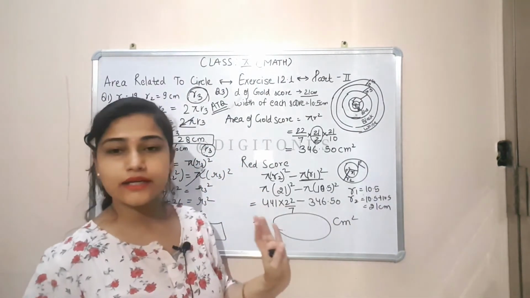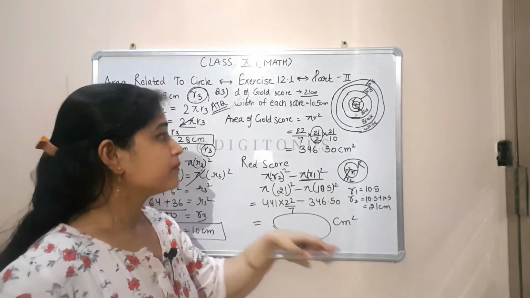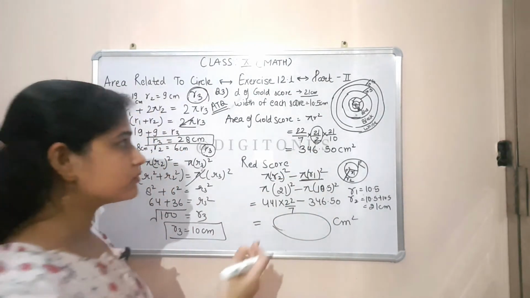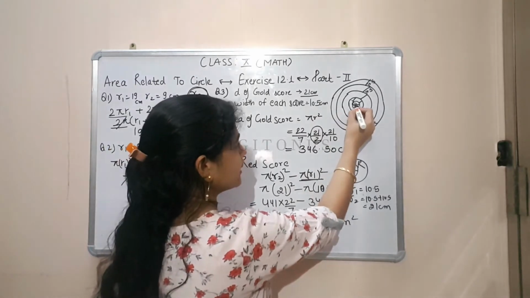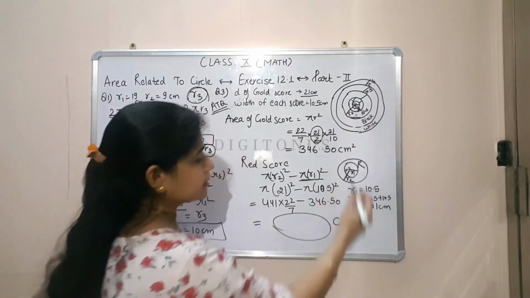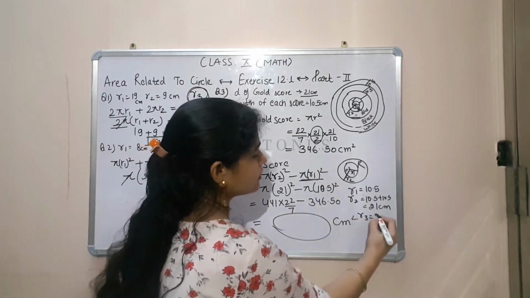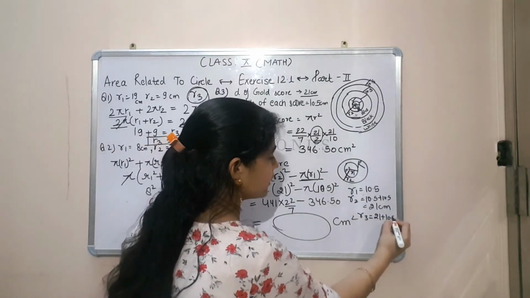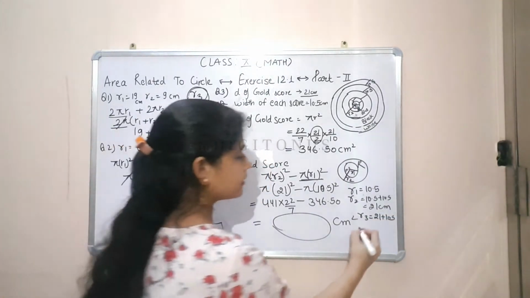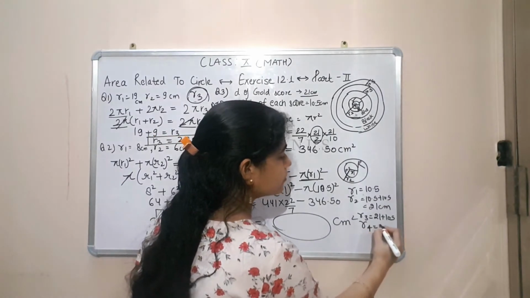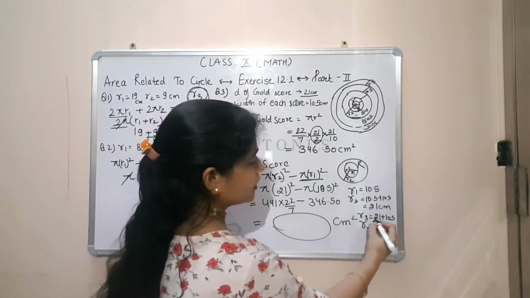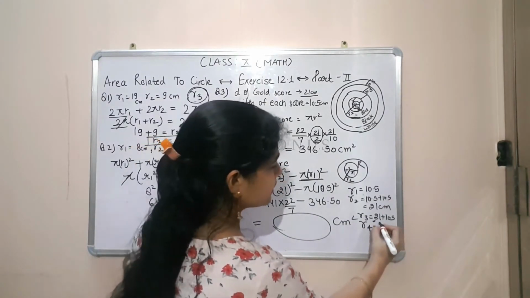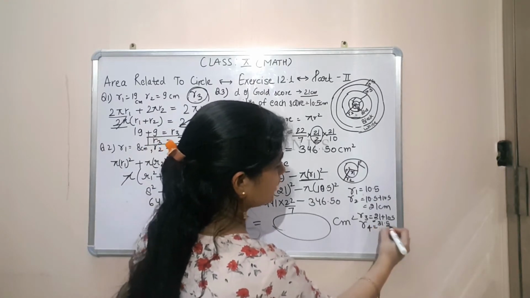After calculating this, you will write the area of the red score. Calculate this and subtract the first gold score area. Like this you will continue. Then for the blue region you will take R3, and R3 will be equal to R2 plus 10.5. R4 will be R3, which is 21 plus 10.5, means 31.5 centimeter.